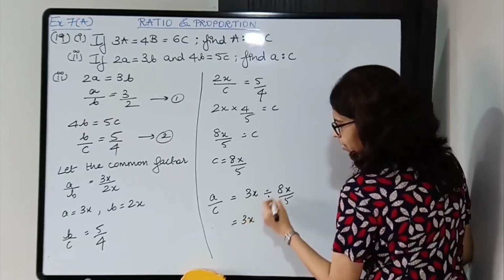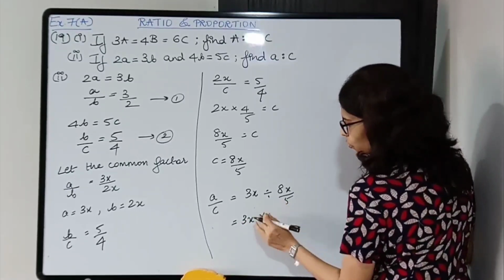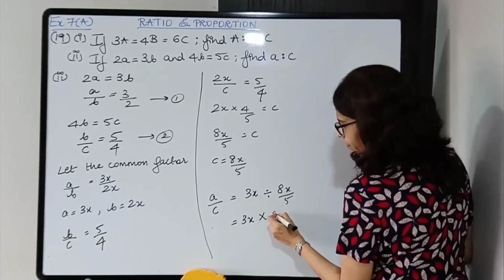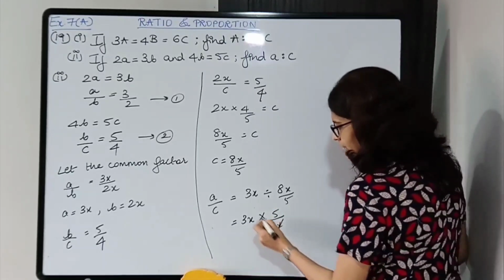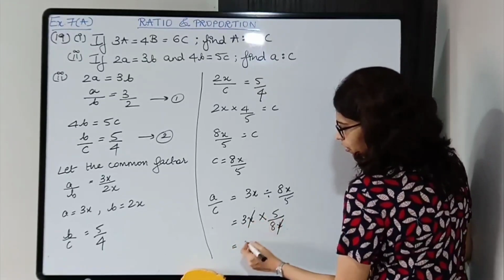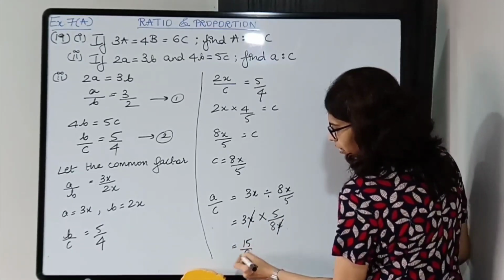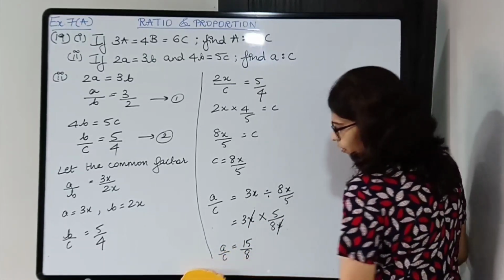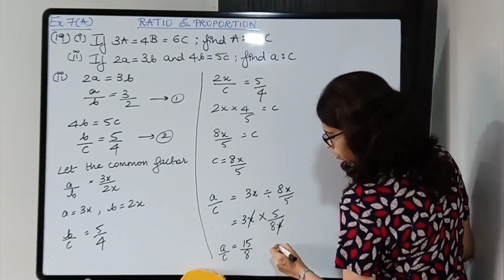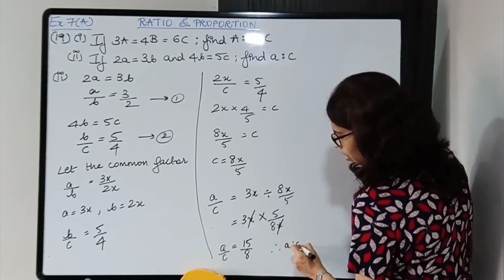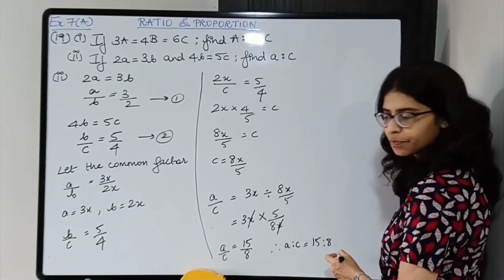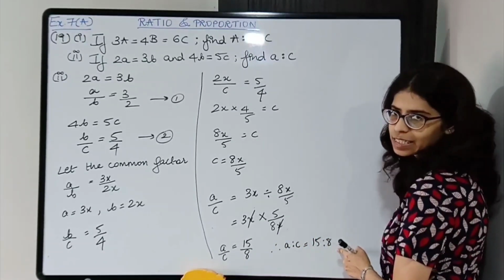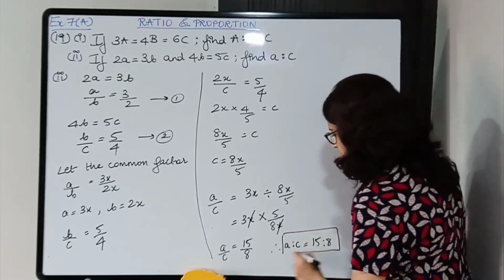So 3x, division को multiplication करेंगे, so it will become 5 upon 8x, reciprocal हो जाएगा. Okay, x gets cancelled, 3 5s are 15 upon 8. Okay, so therefore a is to c is equal to 15 is to 8. Final में ऐसे लिखना है. Okay, don't keep it like this, write it like this and box this.